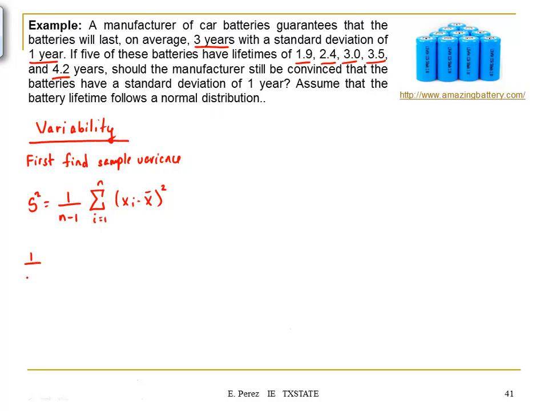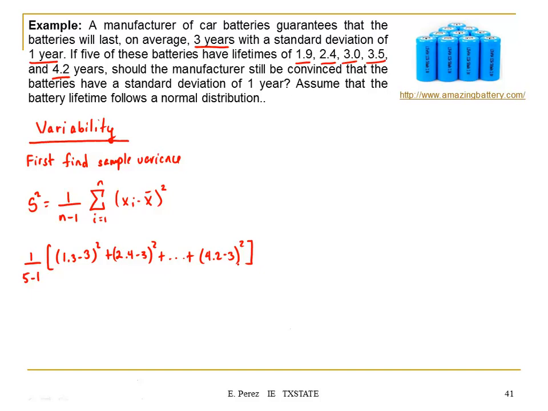It's 5, correct? So we have 5 minus 1 times (1.9 minus 3) squared plus (2.4 minus 3) squared plus dot dot dot up to (4.2 minus 3) squared.